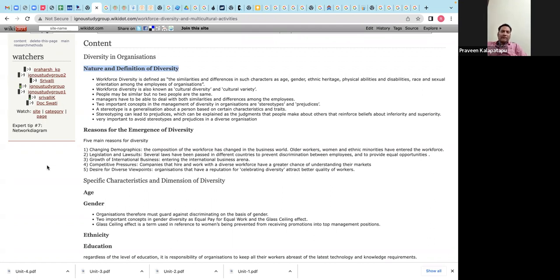This is what workforce diversity is all about. The differences could be gender, race, disabilities, culture, etcetera. In other words, workforce diversity can also be called cultural diversity or cultural variety.